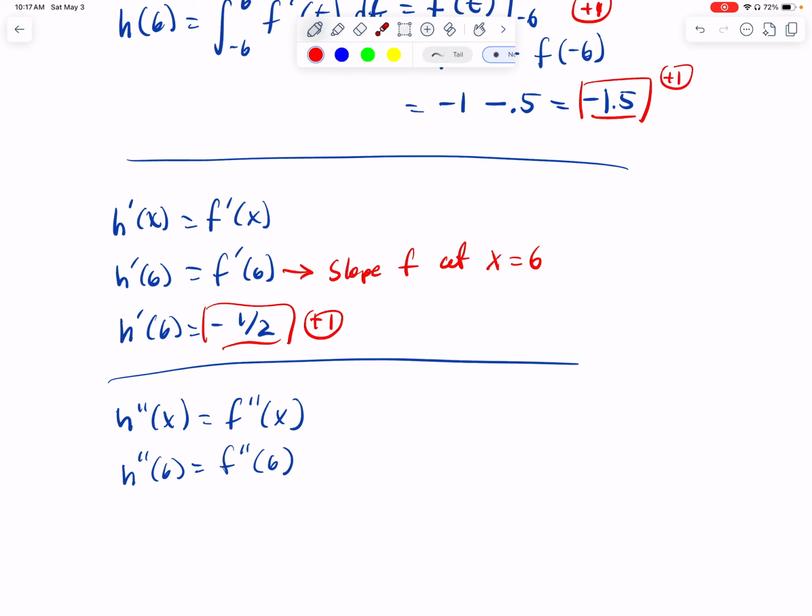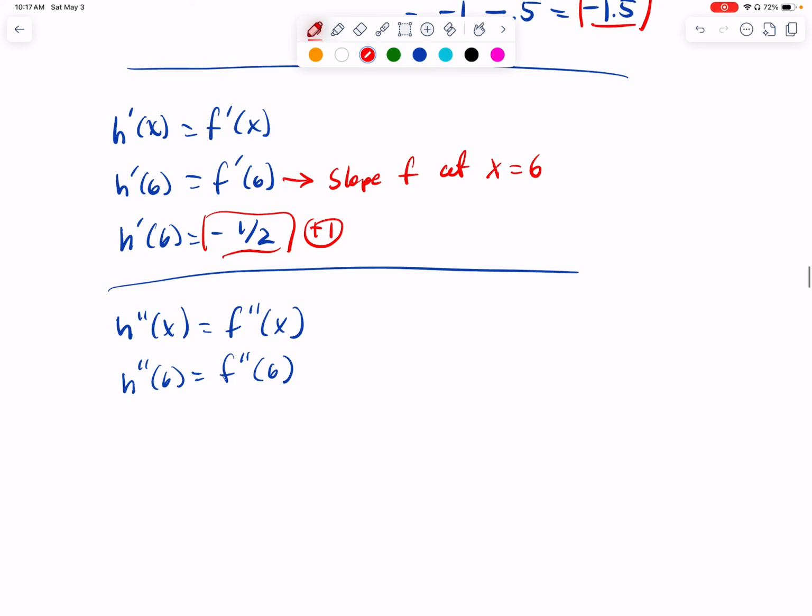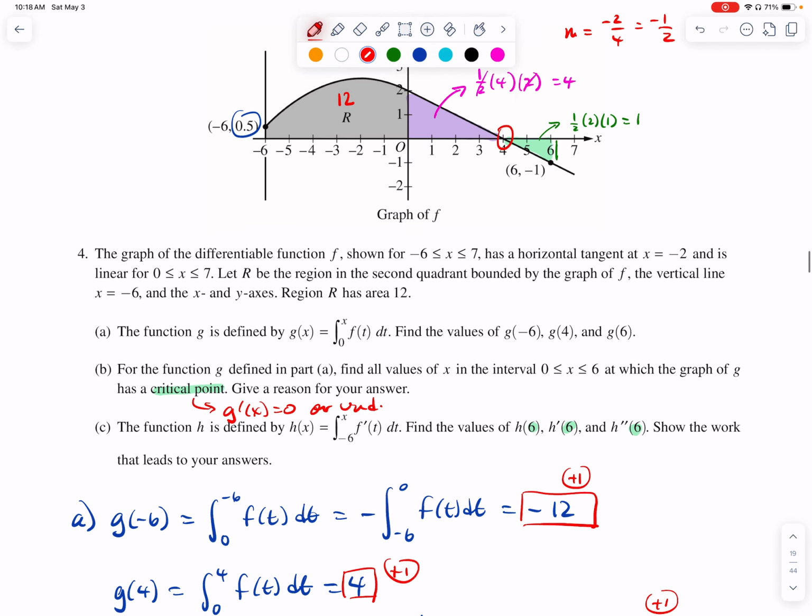Okay, whereas the previous one was the slope of f at 6, f double prime is going to be the concavity of f at x is equal to 6. And remember, it's a line. You remember, right?